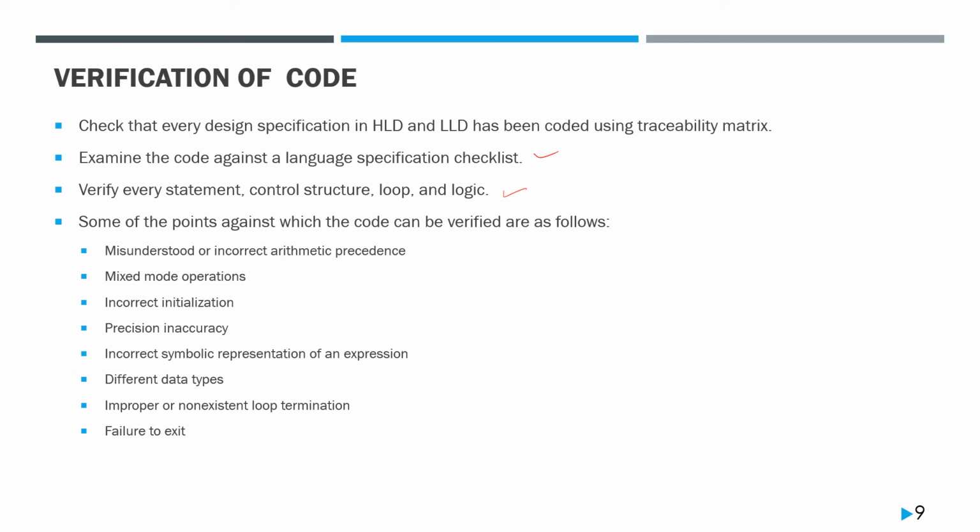Some other points against which the code can be verified are: misunderstood or incorrect arithmetic procedures, mixed mode operation, incorrect initialization, precision inaccuracies, incorrect symbolic representation of expression, different data types, improper or non-existent loop termination, and failure to exit.